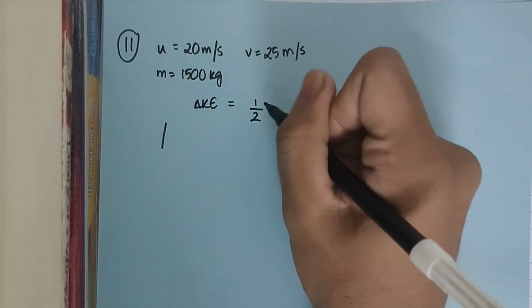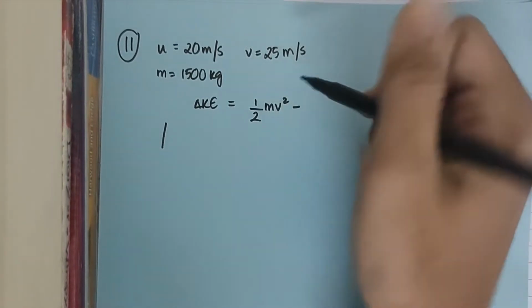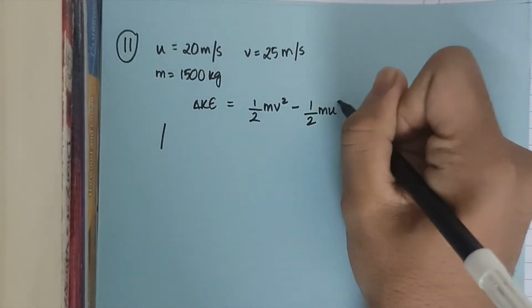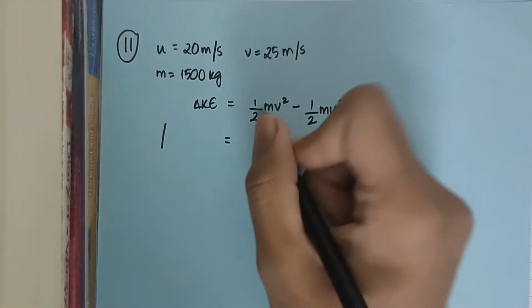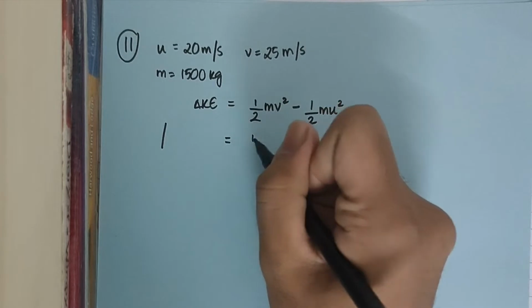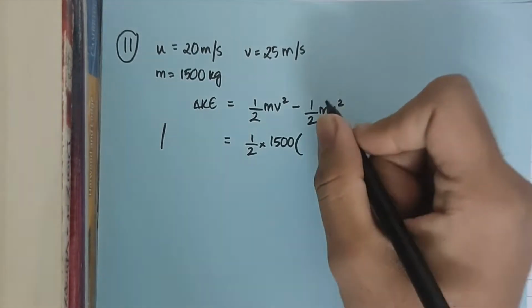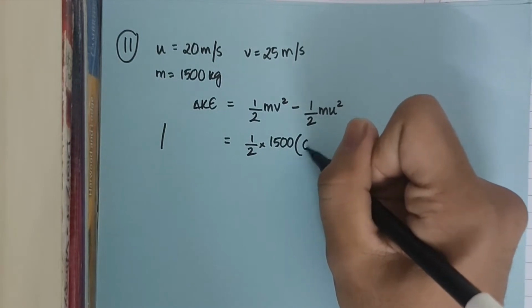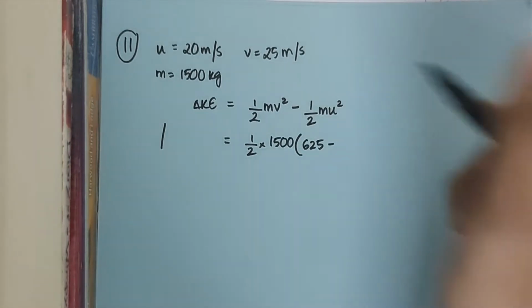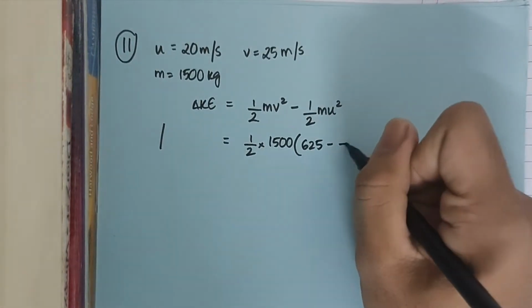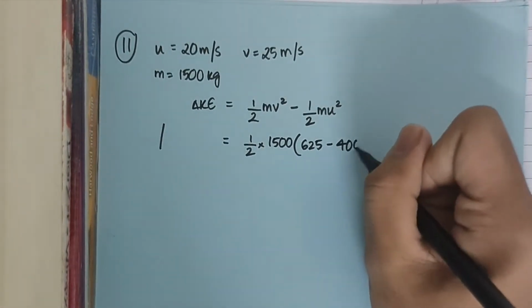So the final kinetic energy will be half mv square minus the initial kinetic energy, which will be half mu square. I'll take the value half and m common, and then we do v square, which is 25 square, which is 625, and then we do u square, which is 20 square, so it's 400.